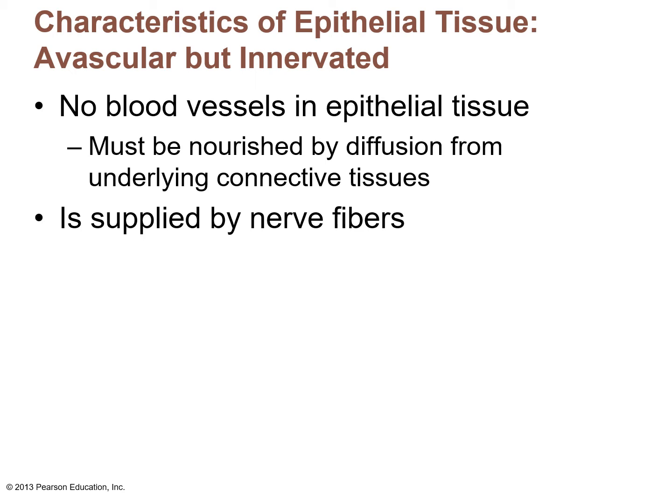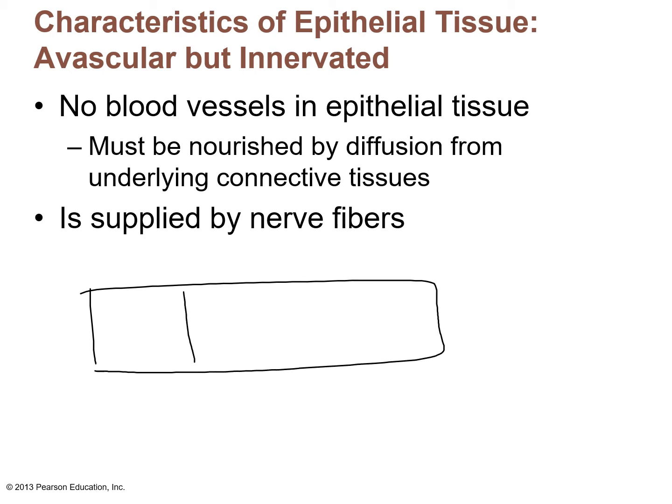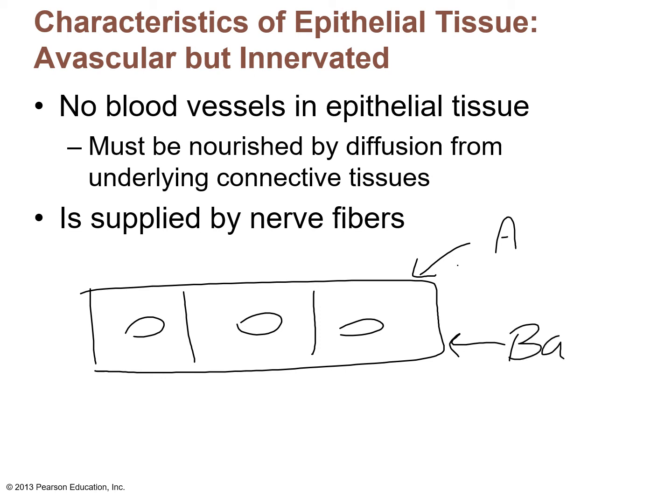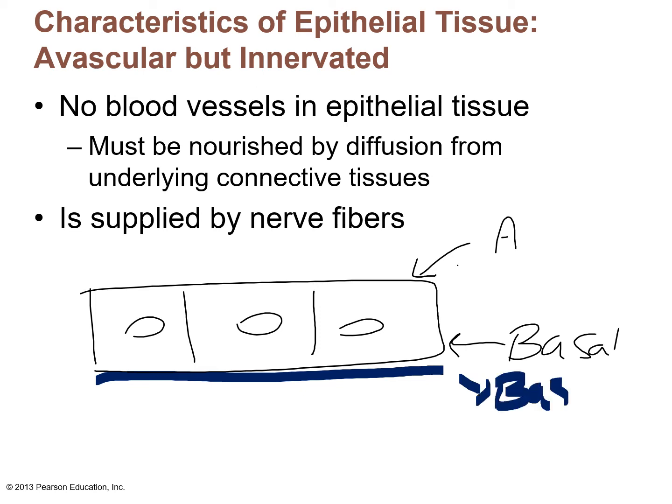So if I draw, here is, let's say, your layer of epithelial tissue, and here are my cells. As we said, this is going to be the apical surface. Right here is going to be my basal surface. And then, as we said, underneath your basal surface, you're going to have your basement membrane.